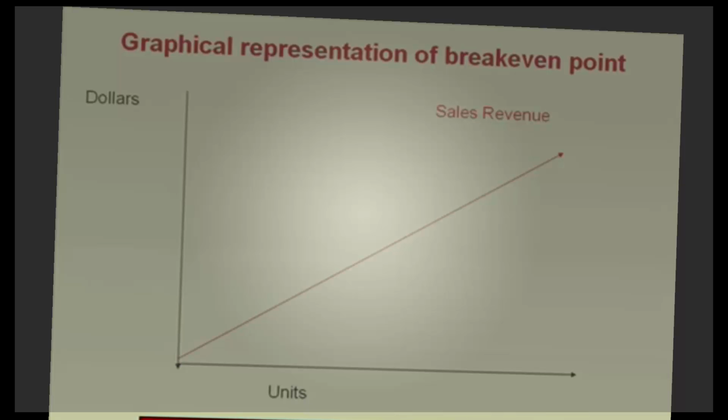How would the total cost line look like? It will look like this. Remember, total cost has variable cost and fixed cost. So even when you don't do anything, you have fixed cost. That's why it starts high up. Then as you make and sell more, the costs go up.